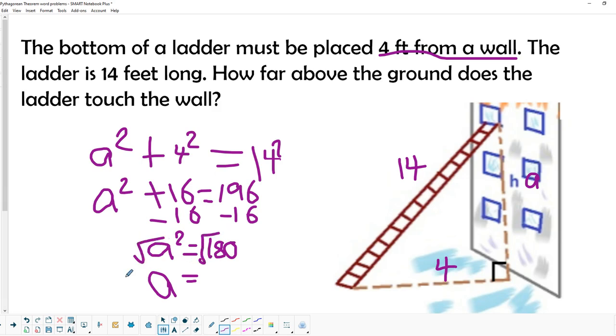The square root of 180 on my calculator comes out to be about 13.4. Now, we didn't say anything about rounding, so we need to watch for that terminology. But 13.4 feet up that wall is about where it would reach with the information we have given here.